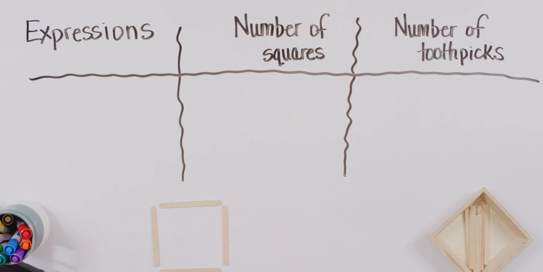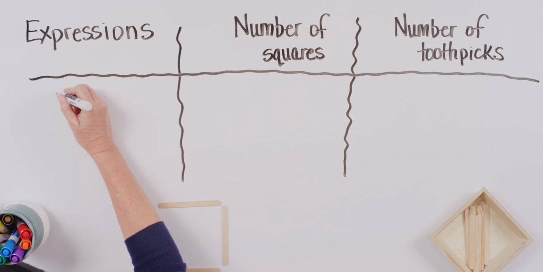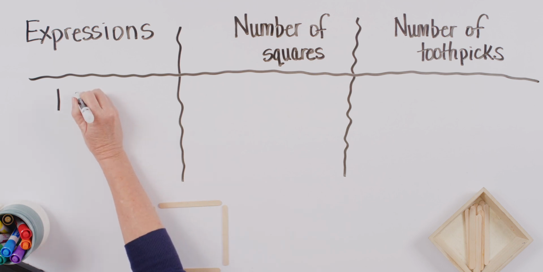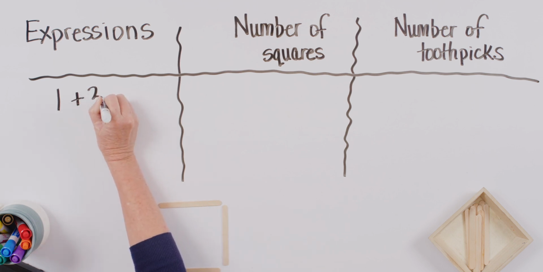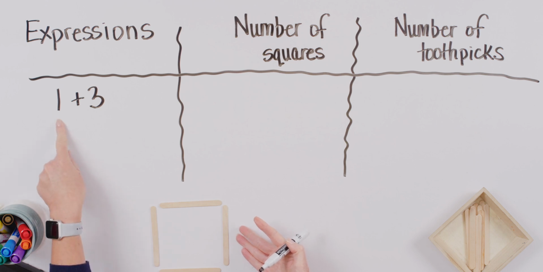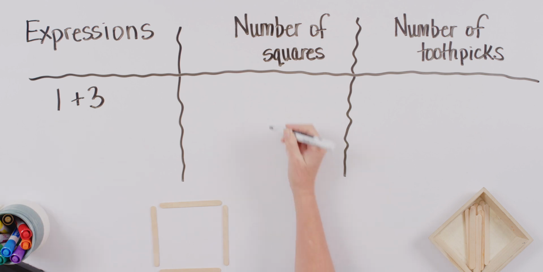So my expression, I started with 1, right? And then I added 3, didn't I? And how many squares did I make out of my 1 plus my 3 more? Just 1. How many popsicle sticks did I use?